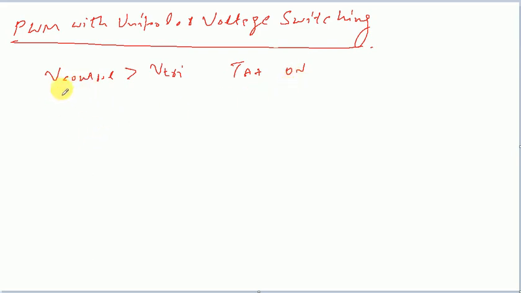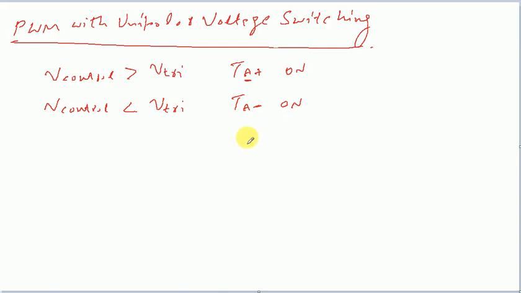This V control is related only to the turning on and off of the switches in the first leg of the inverter. When we have the opposite scenario, that is when V control is less than V triangular, TA minus will be on.